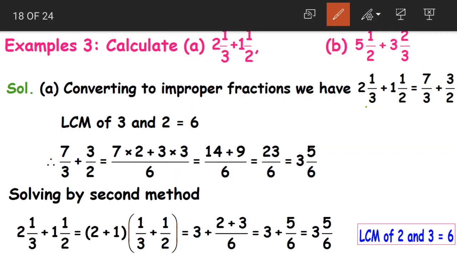This was the first method wherein we converted the mixed fractions into improper fractions and then found out the sum. The second method is we see 2 1 by 3 plus 1 1 by 2. These are mixed numbers. In mixed numbers, 2 and 1 are our whole number parts, right?